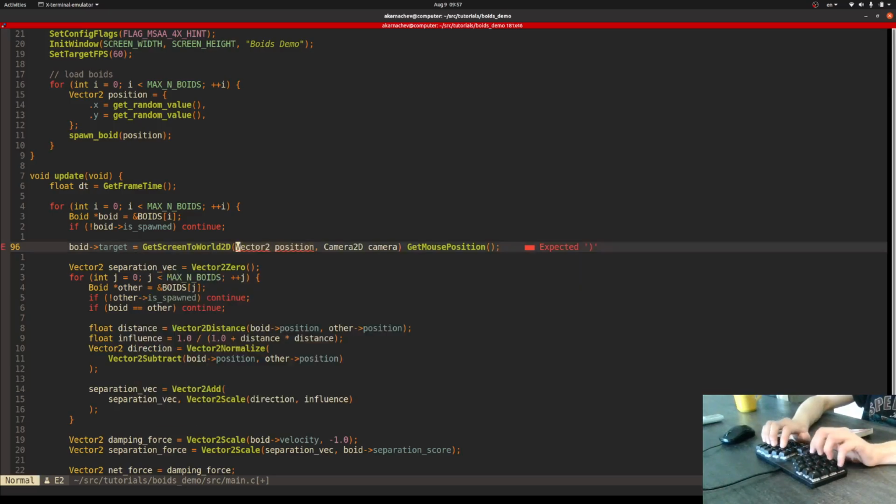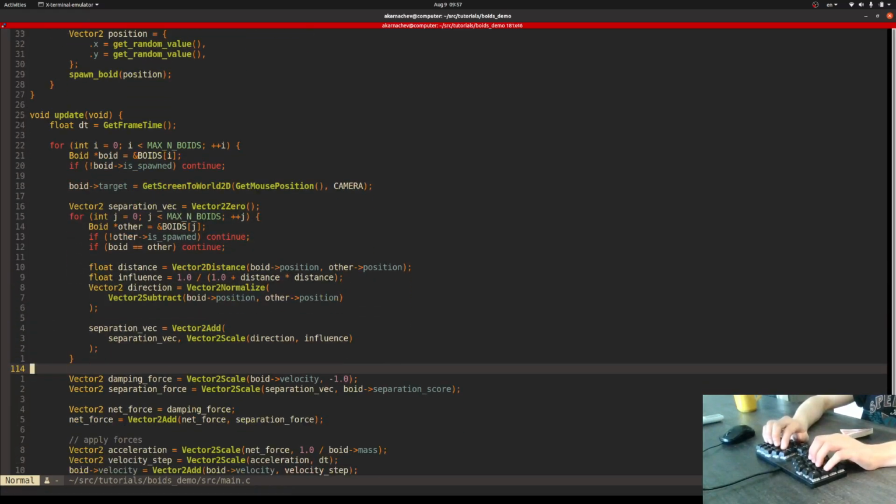Get screen to world 2D. Yes, exactly what I need. Camera. Target, and we want to drive the Boid towards this target.